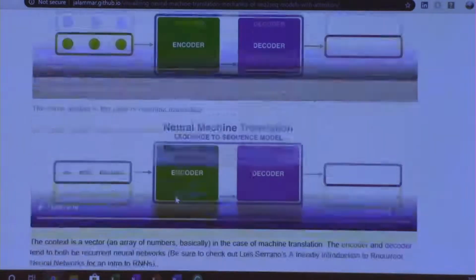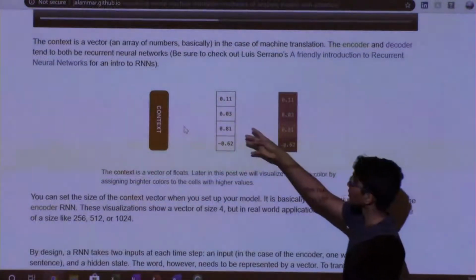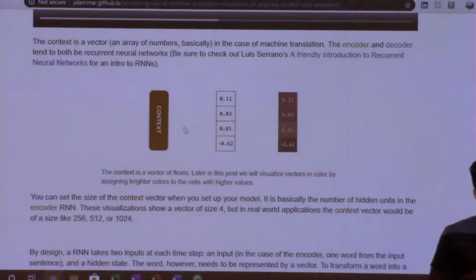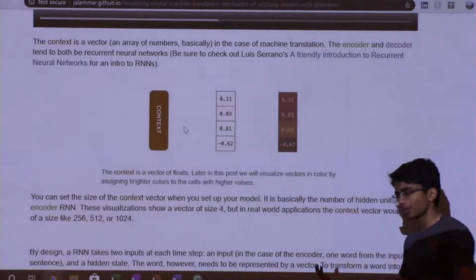This is not really the part that I'm trying to show. This is what context looks like. It's just the last hidden state of the model itself, say H2. I was talking about how you can arbitrarily define its size, and you can see here it's size 4. Depending on the complexity of your data and your model, you want to make your architecture a bit more complex.